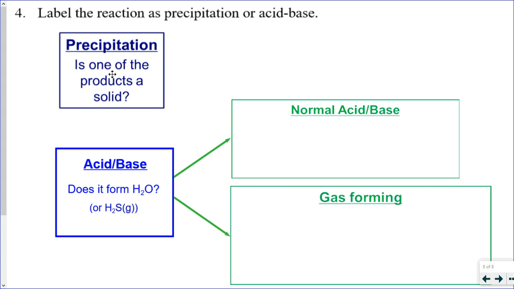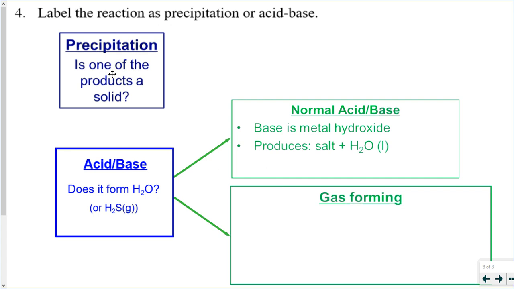Now, in a normal acid base, we have a metal hydroxide reacting with an acid. And sometimes, because we're early in the year here, you might not know what substances are acids and bases 100%, because there are some things that don't look like acids and bases and really are. But if it's a metal hydroxide and something that starts with an H, it's going to end up in acid-base neutralization. Remember, if you get water, you know it is acid-base neutralization.